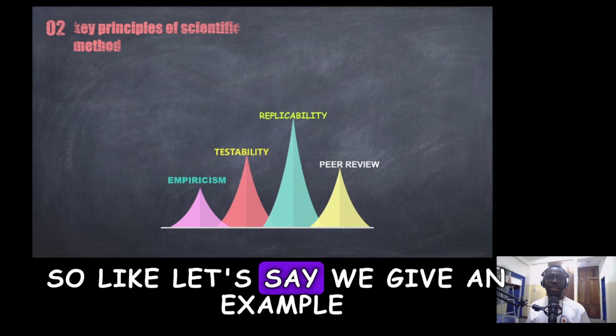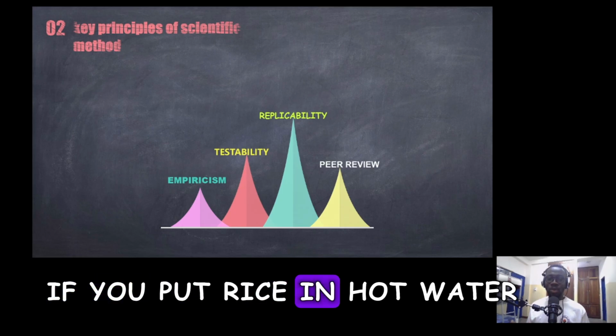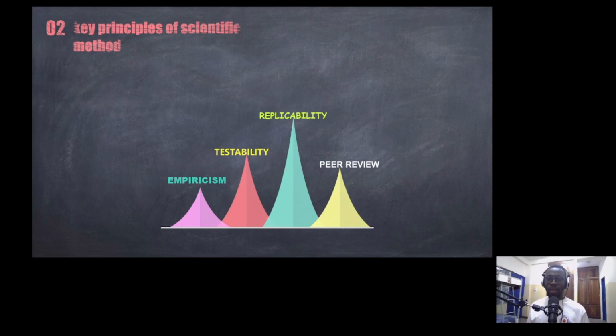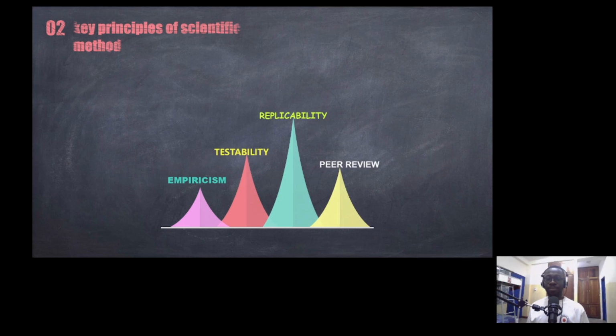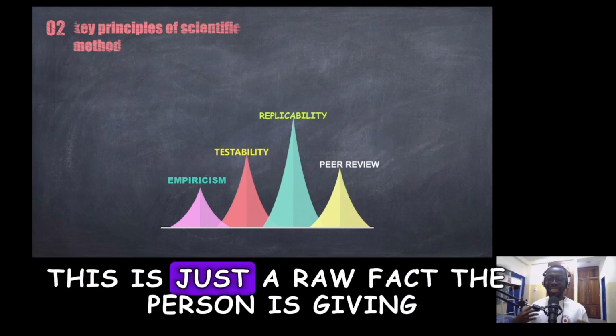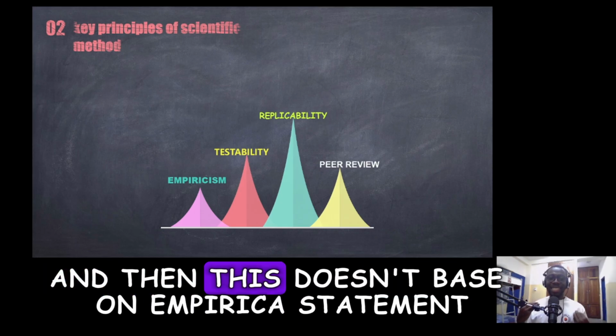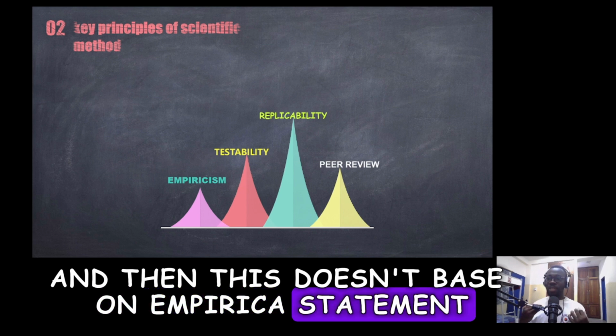Let's give an example. If you put rice in hot water, not on fire, the rice will be cooked. This is just a raw fact the person is given, and this is not based on an empirical statement.